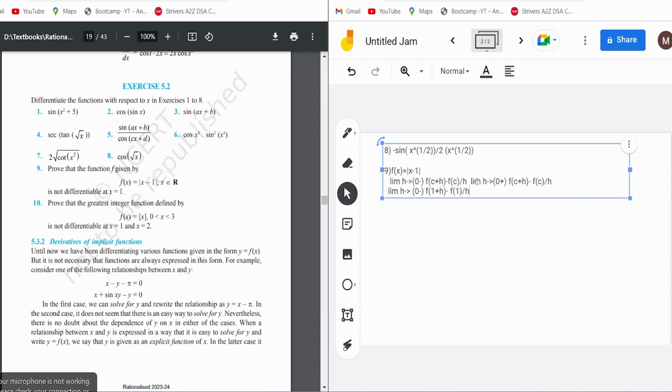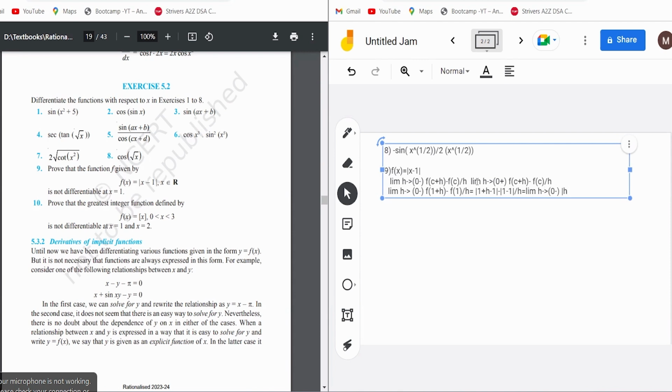Divided by h. Okay, so now using the definition of the function, it would become mod of 1 plus h minus 1, minus mod of 1 minus 1, divided by h. So from here we can easily say that we will get mod of h by h, limit of h tending to 0 minus.